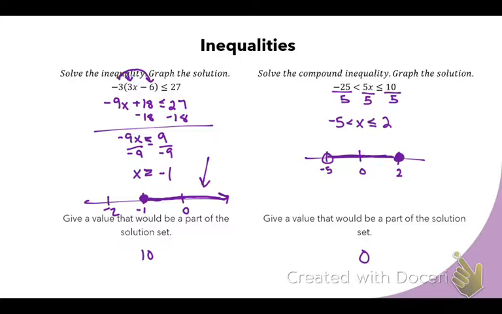No, -4.9. It's got to be greater. Or -4, -3. So again, I might give you a compound inequality and ask you to give me a value that's part of this solution set. Any questions? Does anybody have any questions on the inequalities?